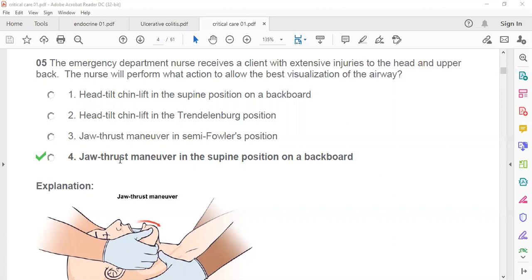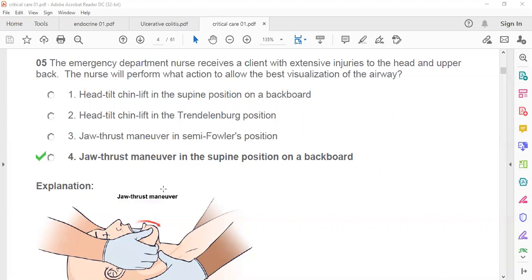The nurse who is very experienced in dealing with this patient could go for the jaw thrust maneuver first.